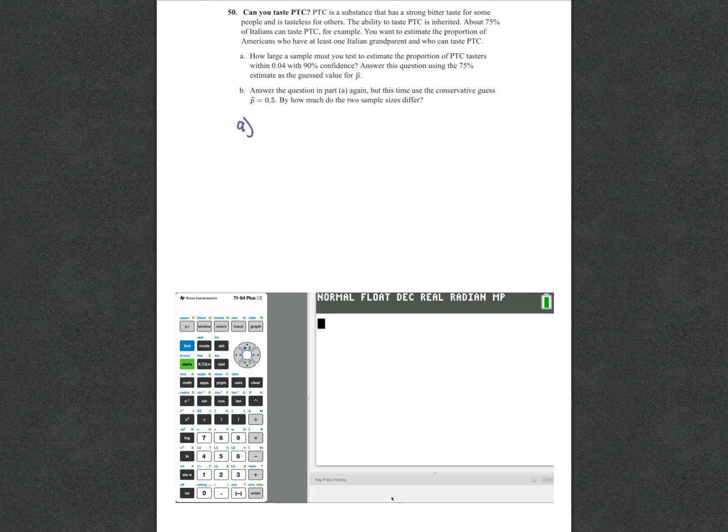So A. We want our margin of error. Our margin of error is our critical value, Z star. Actually, let's find that first before we do anything. Let's go to the calculator and find the Z star associated with a 90% confidence interval.